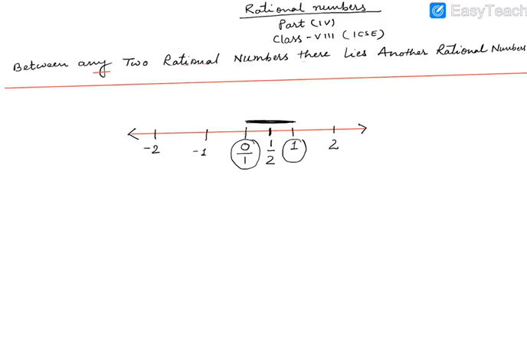Same you can get here 1 by 4, between 0 and 1 by 2. This is also a rational number. Between half and 1 you can get again a rational number, that is 3 upon 4. So this way you can get many rational numbers between given two rational numbers.